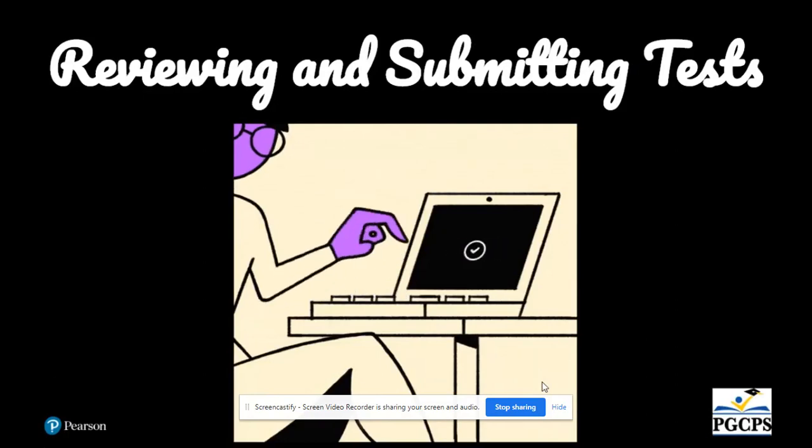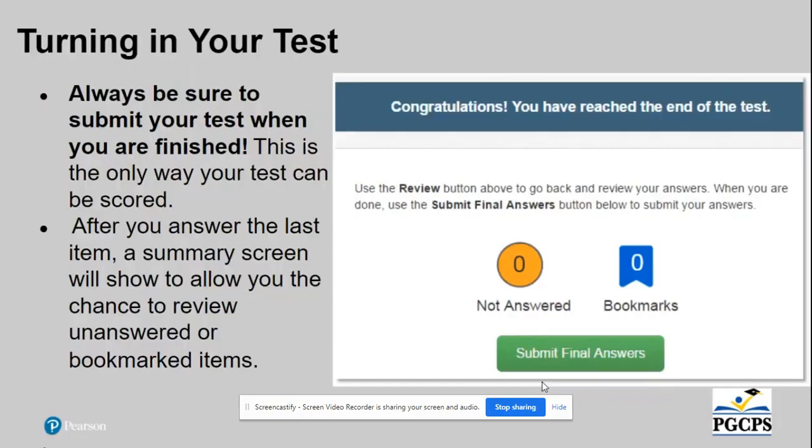Reviewing and submitting tests. Turning in your test. Always be sure to submit your test when you are finished. This is the only way your test can be scored. After you answer the last item, a summary screen will show to allow you the chance to review unanswered or bookmarked items.